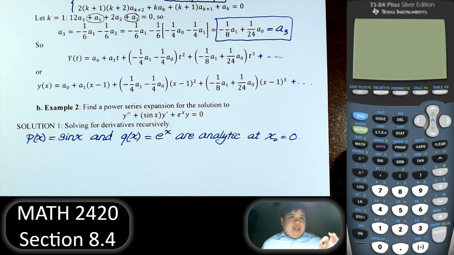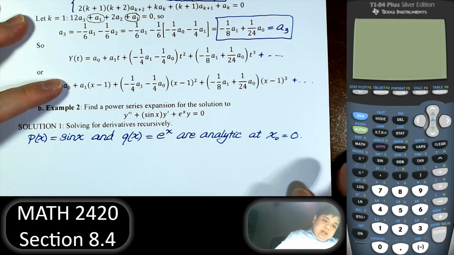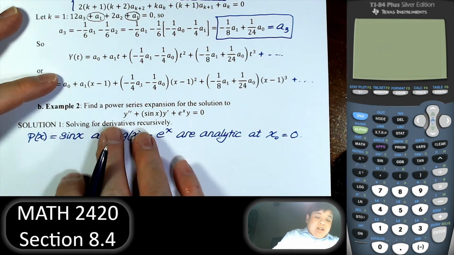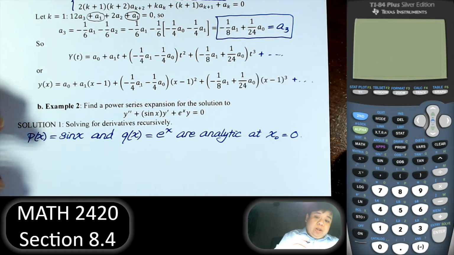I'm just going to write a series representation, without using the actual power series representation, the solution in terms of the Taylor series. So now we will not write the power series for each one of them, but we know the solution is as follows.